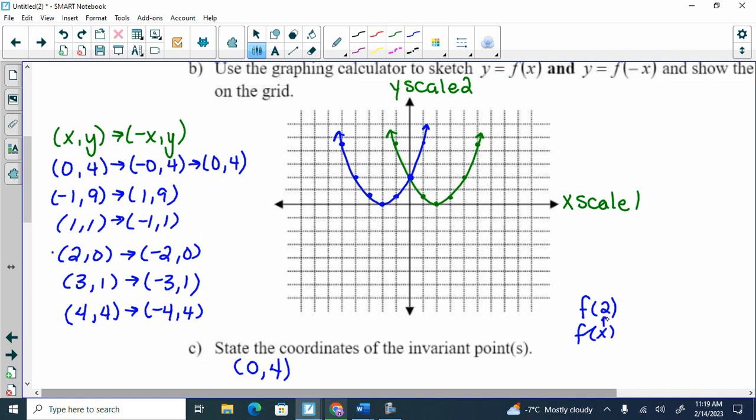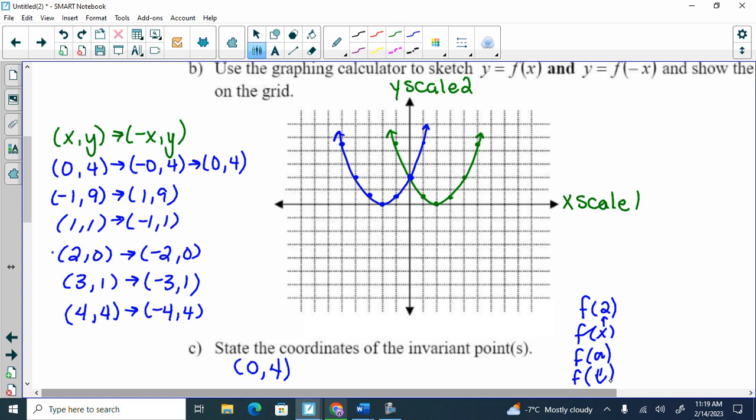So what would you do? So it's f of 2. So you're going to put 2 in for all the x's, correct? Make sense? So if I did f of a, you would put a in for all the x's. We agree? If I did f of smiley face, you would put a smiley face in for all the x's, would you not?